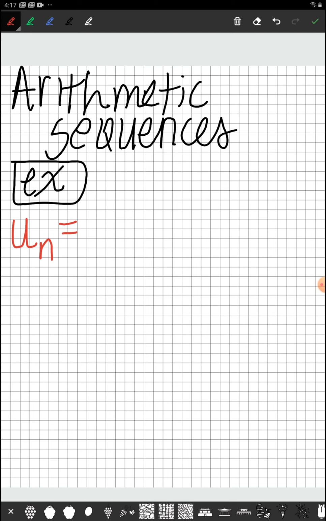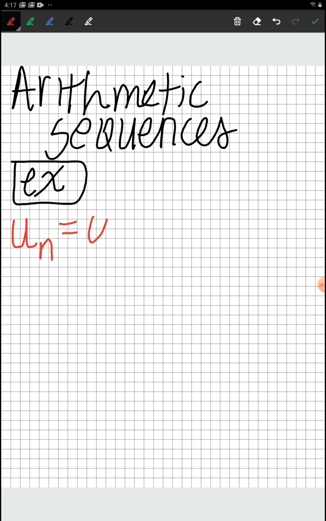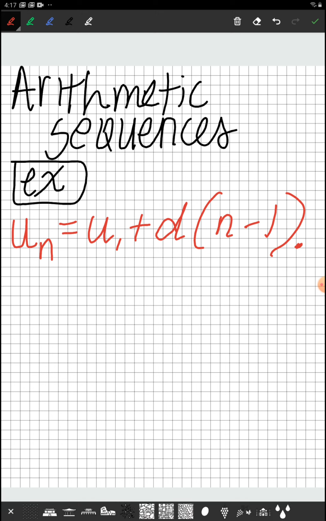U sub n is equal to u sub 1, and I'm going to put the common difference there. I just like it better there. Same thing. This is the formula. This is the magical formula.